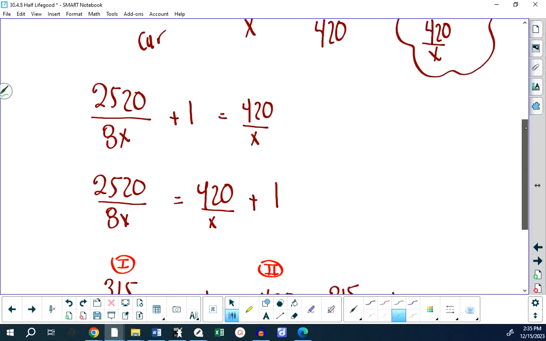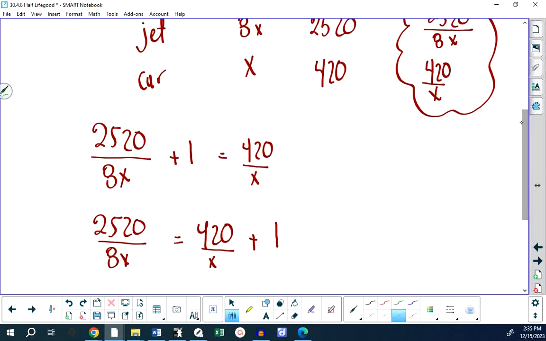So instead, we can look over here and say, again, I'm going to go 1 and 2. Which is bigger? Well, we already know this is bigger, right? We figured that out. But let's find out which is bigger by looking at the question. This is the time for the jet, and this is the time for the car.